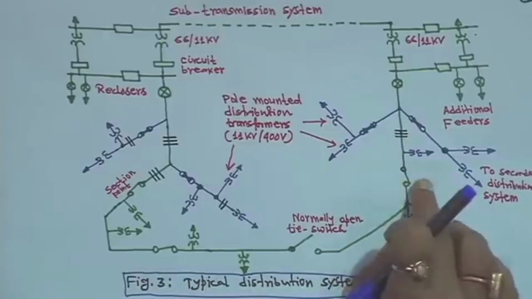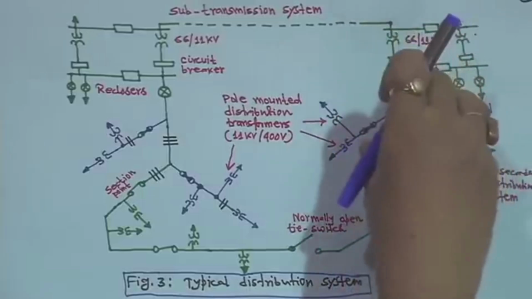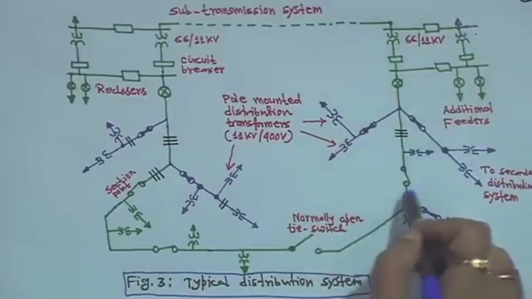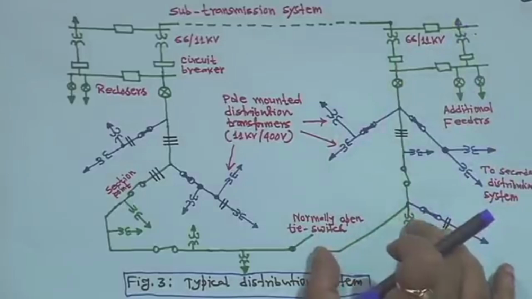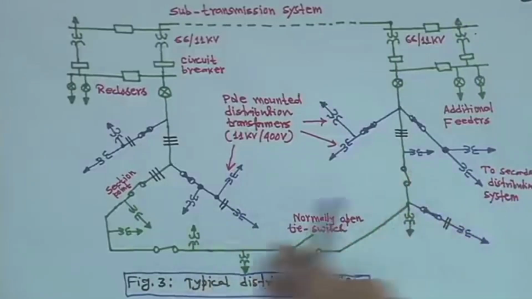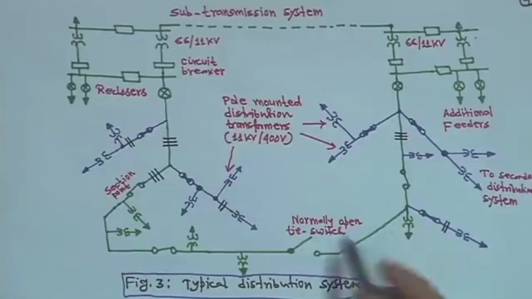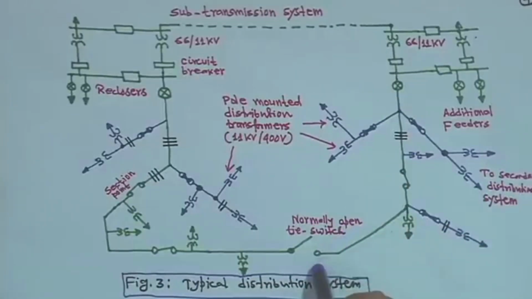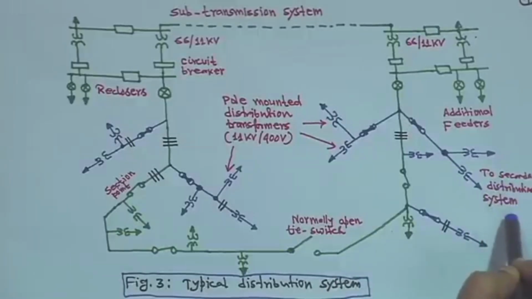As soon as you open this portion, the unaffected portion still gets power from this side. But when something has happened here, this portion will not get power. So suppose this is open and you close this one, then power will come from this side, right. That's why it is called a normally open tie switch, and this is the secondary distribution system, right.